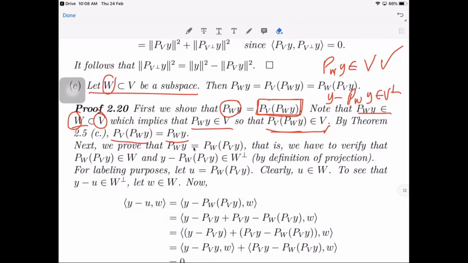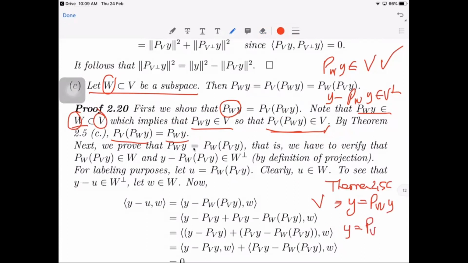If you relate it to Theorem 2.5c, your y here is the projection of y onto W, which is in V. If it is in V, it is equal to its projection onto V. So P_W y is equal to the projection of P_W y. A change of notation will guide you on how to use this theorem.